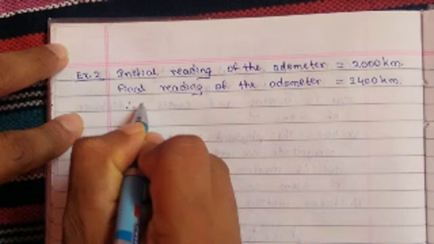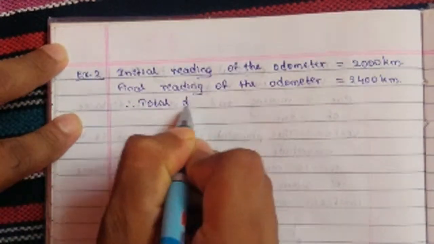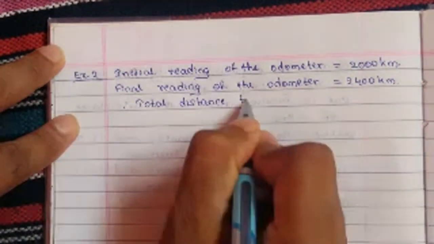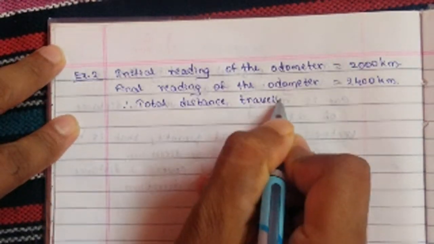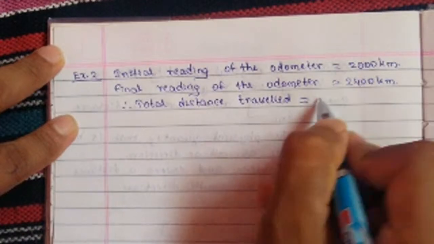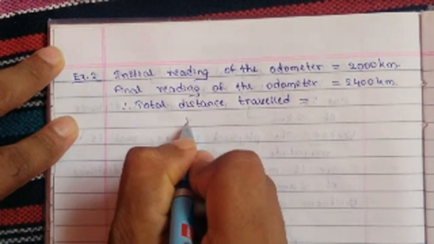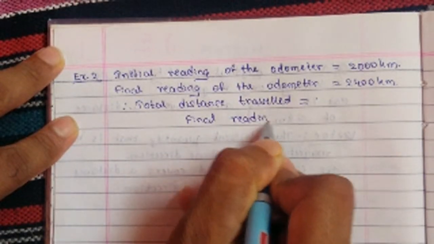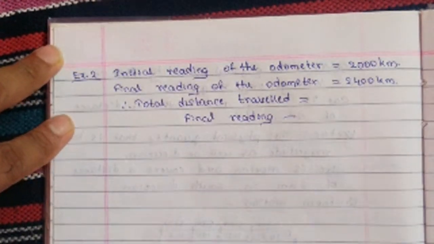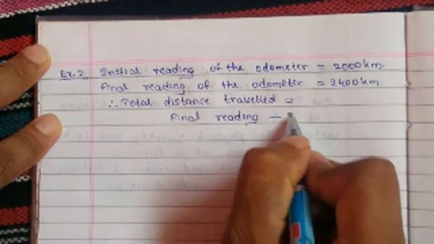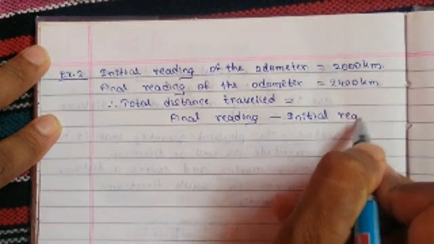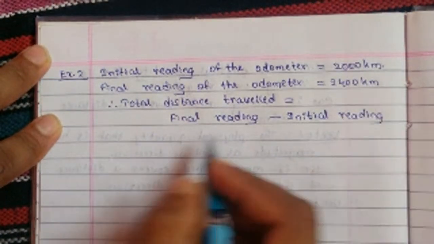Therefore total distance traveled equals final reading minus initial reading.